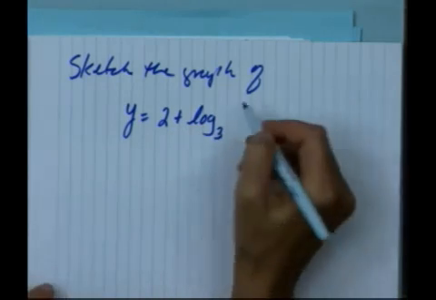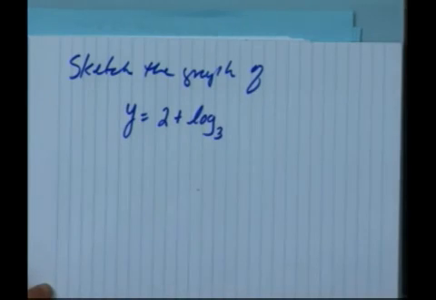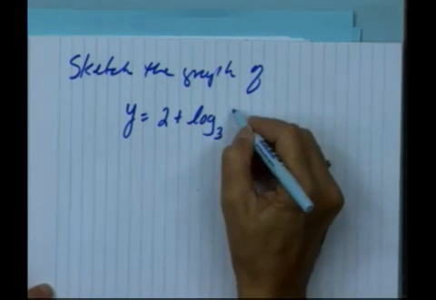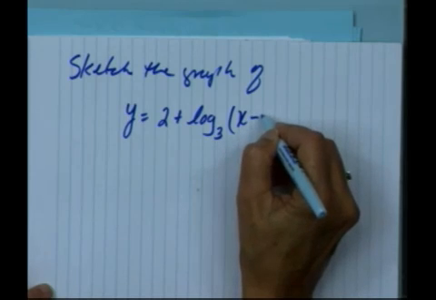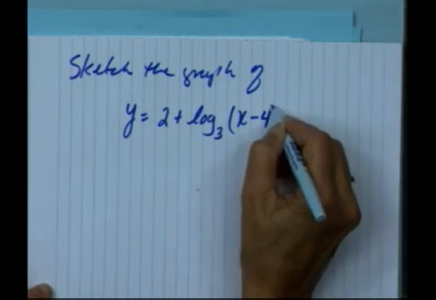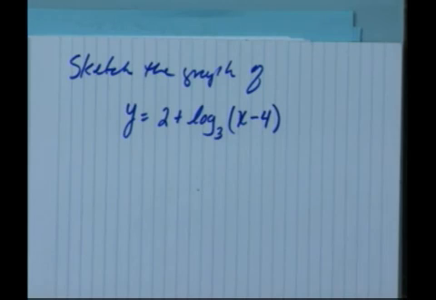I'm just going to give it a base 3. They're all going to have basically the same shape. The main thing we're going to keep up with is domains, asymptotes, intercepts, if we can find them. Okay, log to the base 3 of x minus 4. Okay? All right.